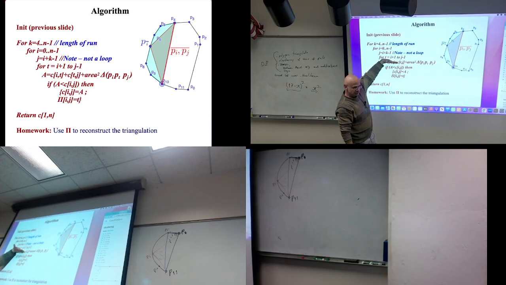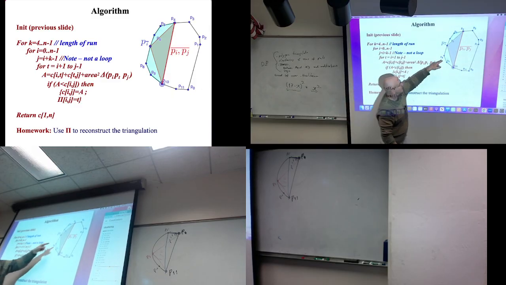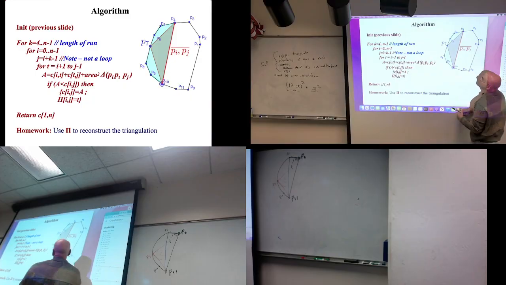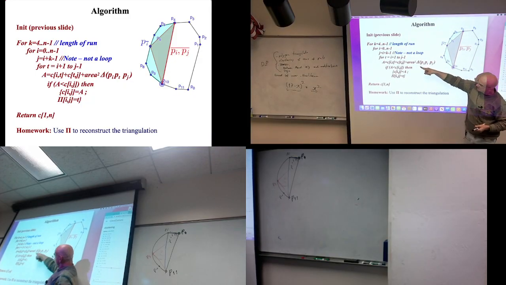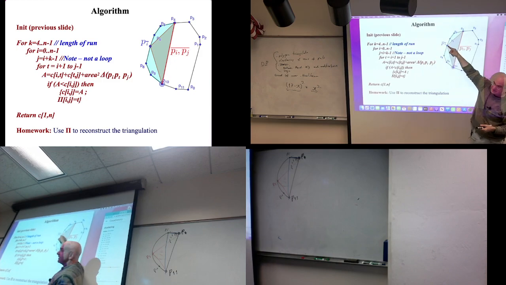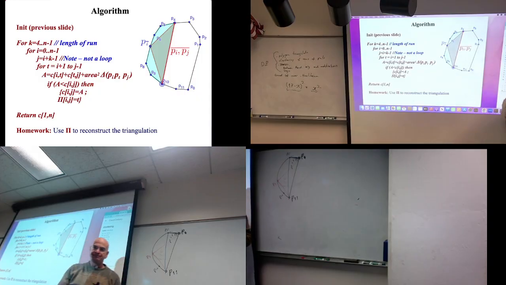Compute this cost, and now I just check, is this better than any other of the options that I kept by moving the third vertex along it? That is, all this part is doing is finding the minimum when you're checking this third vertex all the way around. Cool?